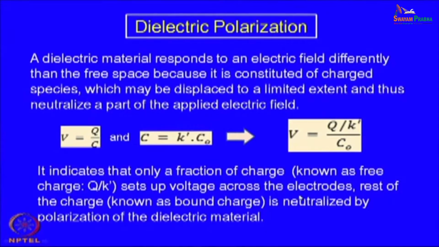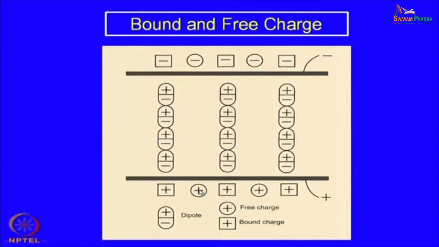So, free charge, which is about Q by K prime, sets up the voltage across the capacitor, whereas the bound charge actually does some internal rearrangement of the charges and gets neutralized by that process. So, this can be shown here, bound and free charges.